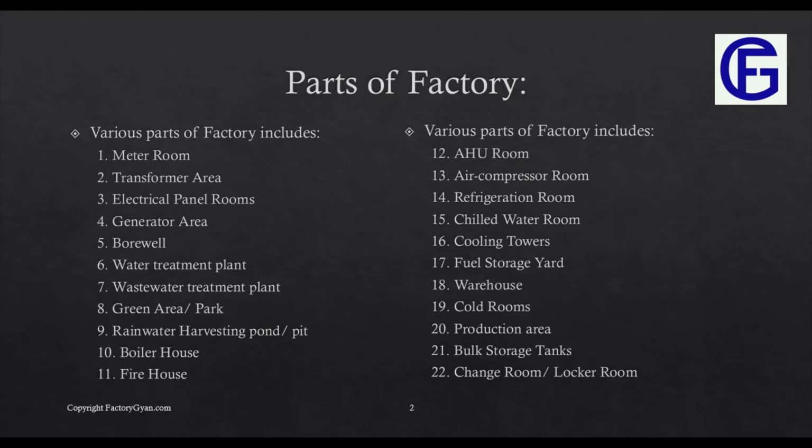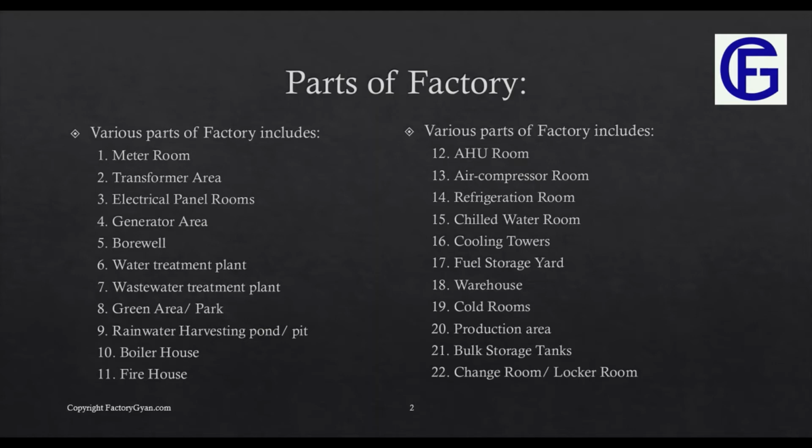Then comes the bulk storage tanks. In a lot of processes, you might require raw material in liquid form, so you might like to store it in big storage tanks of 30,000 liter capacity or even bigger. In cosmetics manufacturing, this includes components like SLES, sodium lauryl ether sulfate, or SLS, sodium lauryl sulfate.